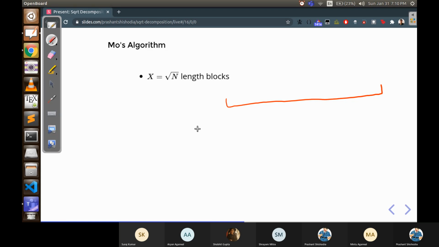Just consider that you have so many queries, 1 2, 2 3 and so on, and suppose you have this query and you have the answer for this query. The next query is this. So you will remove all these elements from the range.